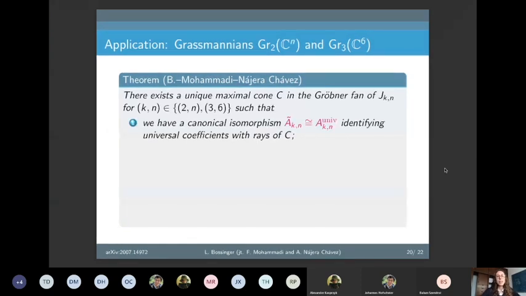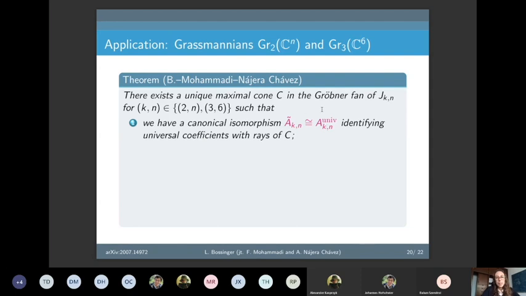First of all, if I apply my lift construction from before to my ideal J_{k,n}, or the algebra A_{k,n}, with respect to this maximal cone C, then I get a unique, a canonical isomorphism between the lifted algebra and the algebra with universal coefficients.